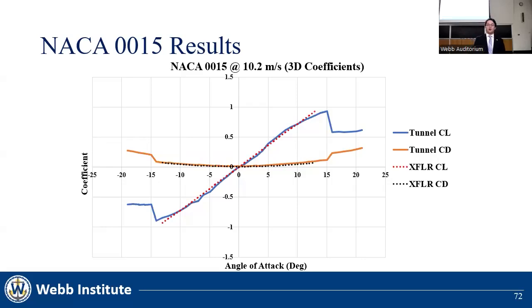Please note that XFLR cannot compute stall in 3D, which is why the dotted lines do not go past 13 degree angle of attacks. Although the foil in the wind tunnel stalls at a higher angle of attack than what is expected in XFLR, and the wind tunnel data deviates most between 5 and 9 degree angle of attack, it can be seen that the results between XFLR and the wind tunnel are very similar.